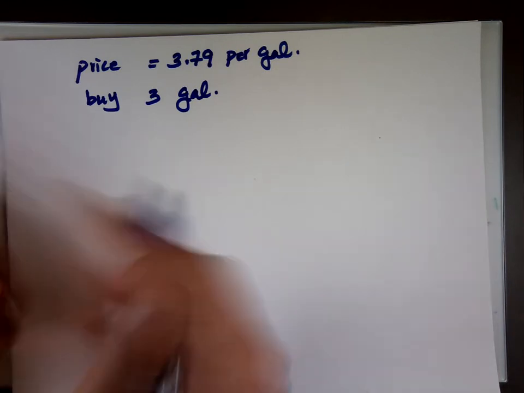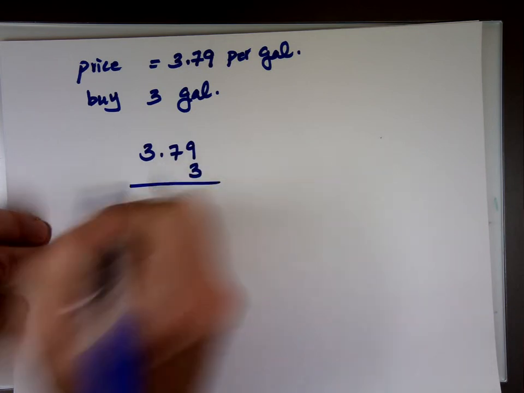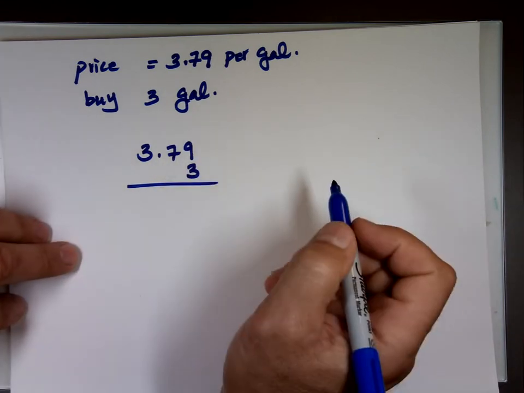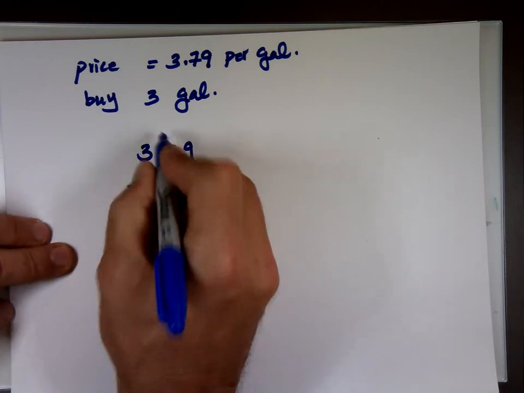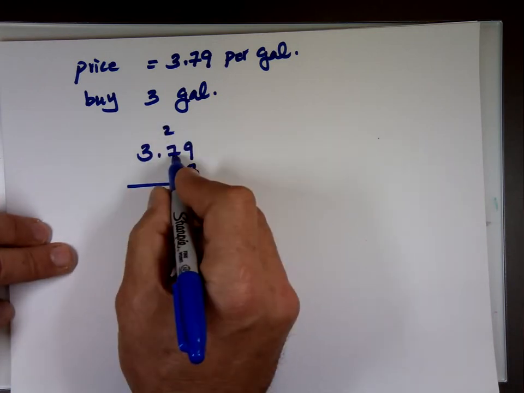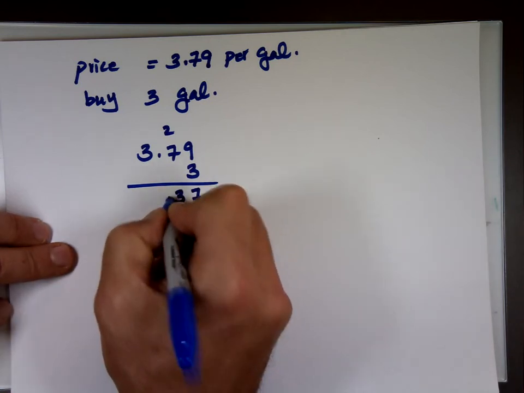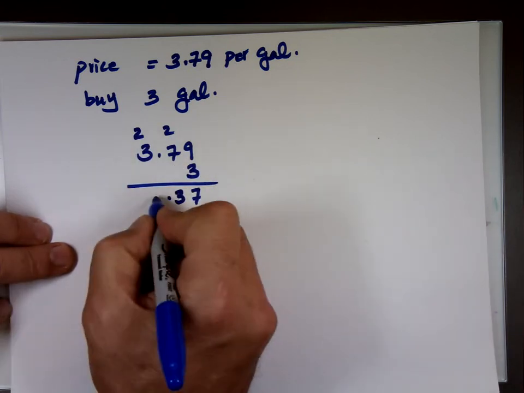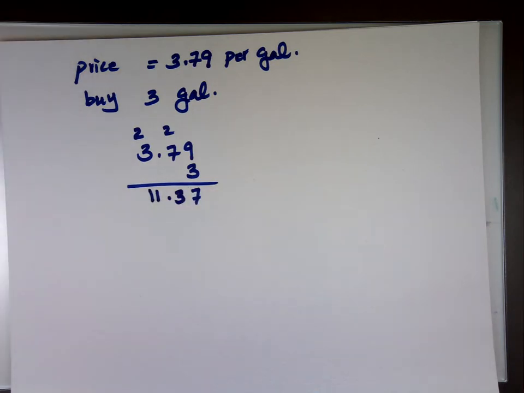You multiply them. 379 times 3. 3 times 9? 27, right? 7 carry 2. 3 times 7? 21. 21 and 2 is what? 23. There's a 3 and there's a 2. 3 times 3? 9 and 2, 11. So it's going to run you $11.37.